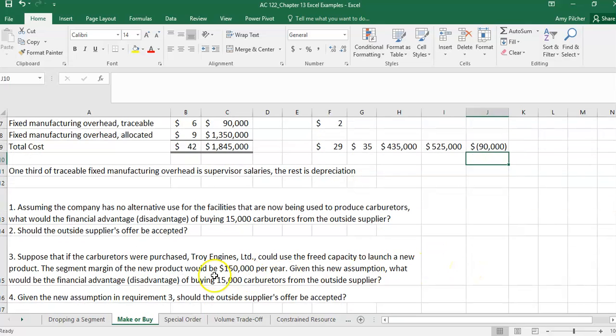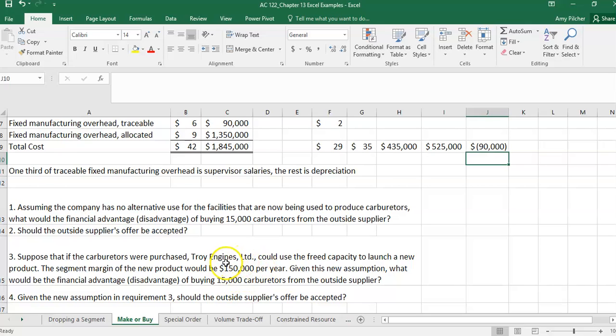Question 3 says, what if we use the freed capacity to launch a new product? The segment margin of the new product would be $150,000 per year. What would be the financial advantage or disadvantage of buying 15,000 carburetors from the outside supplier under this situation?